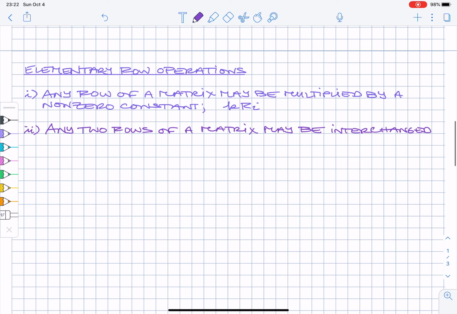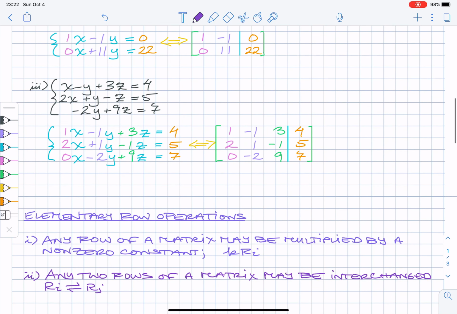So the way we annotate this is row I goes to row J and vice versa. Okay, so do you agree that it doesn't matter which equation is written first in a system, as long as we have all 3 equations? So that's what they mean by any 2 rows may be interchanged, because each row indicates 1 equation.